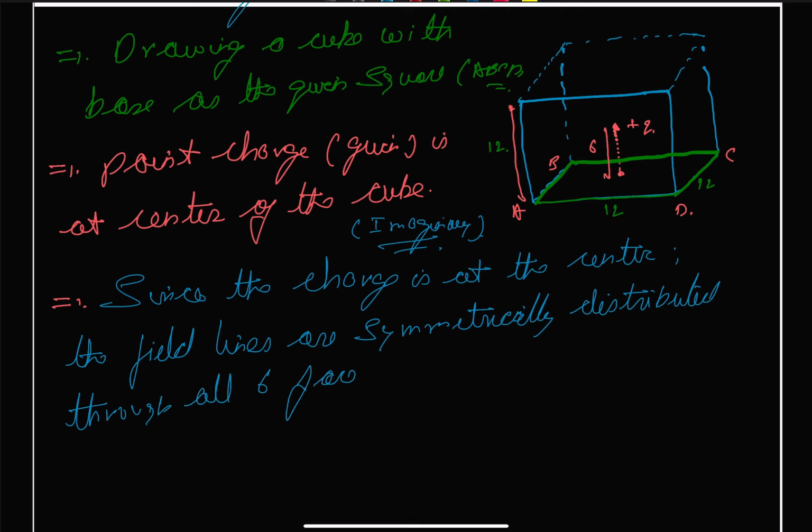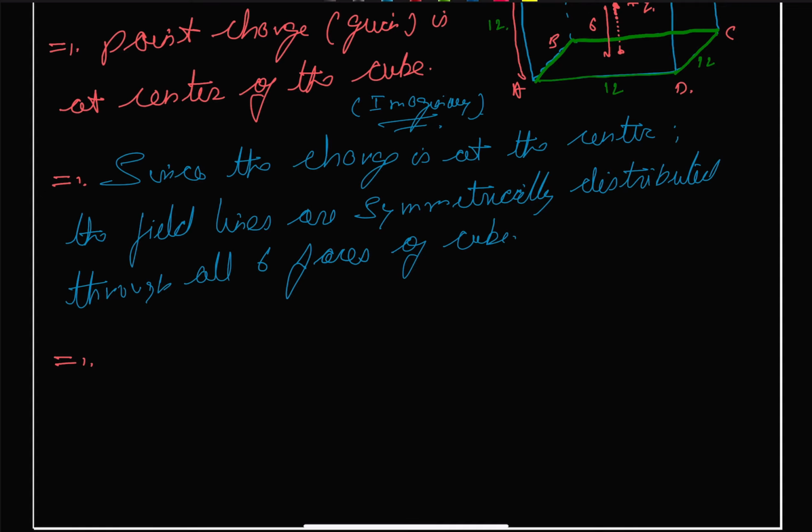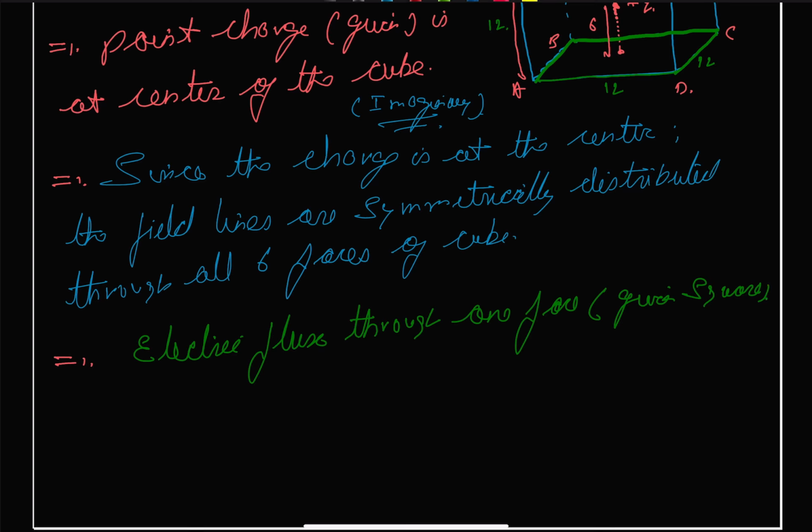Therefore, we can say that the electric flux through one face, that is basically the given square, and that face is our A, B, C, D, will be phi of square is equal to 1 by 6 Q upon epsilon naught.